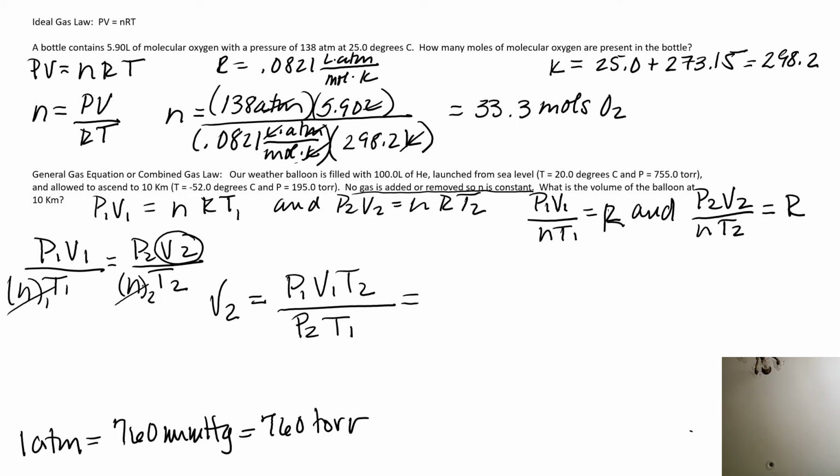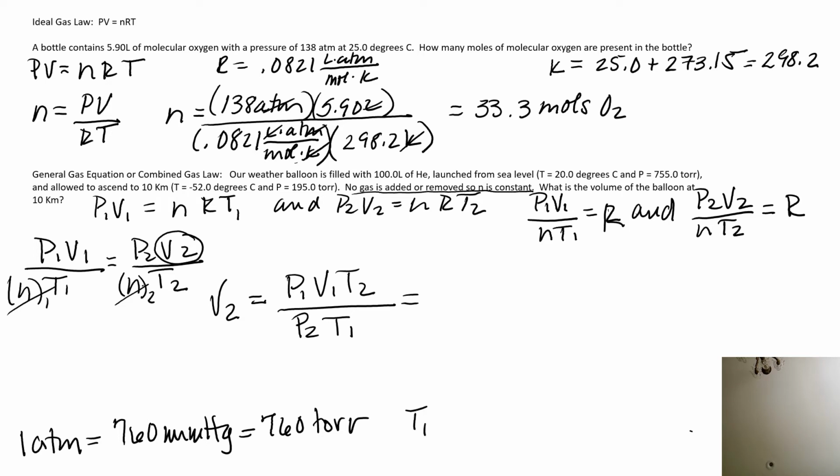Because we don't use R in this equation, we do not need to convert torr or millimeters of mercury, if we were given that, to atmospheres. So we can just move ahead with the torr unit. However, we do have to convert our temperatures to Kelvin.